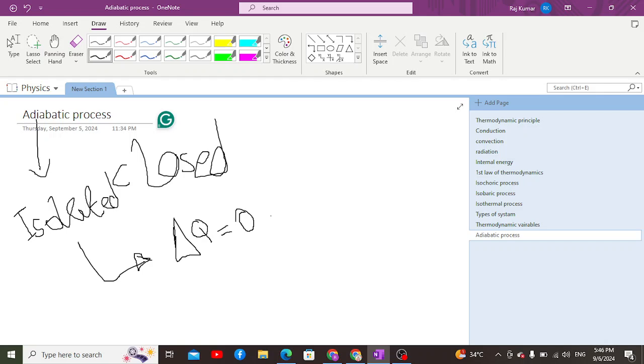As a result, the system will need to utilize its internal energy. If the system needs to undergo an adiabatic expansion, it needs to use its internal energy to go into adiabatic expansion.